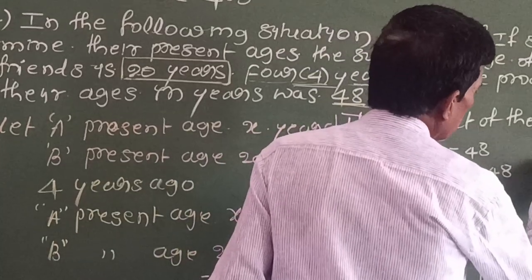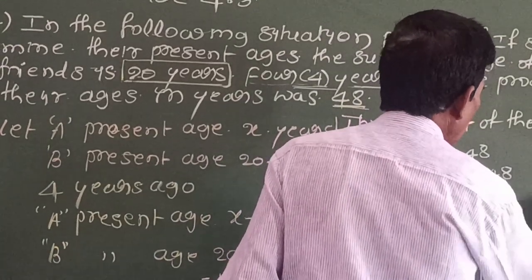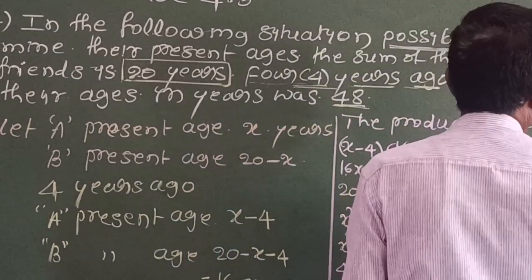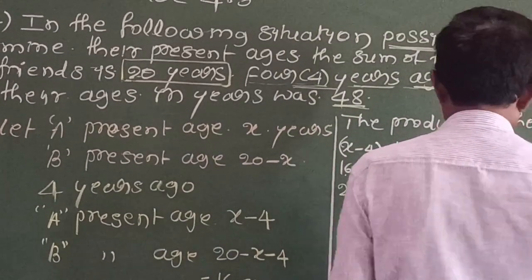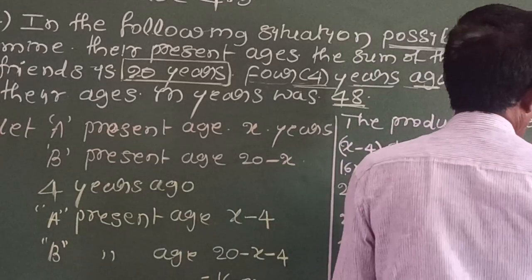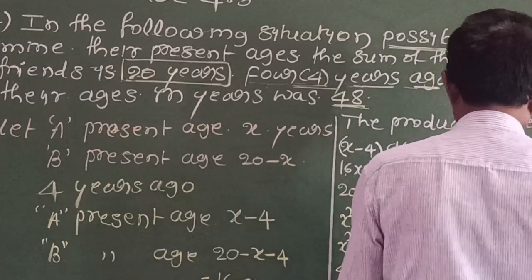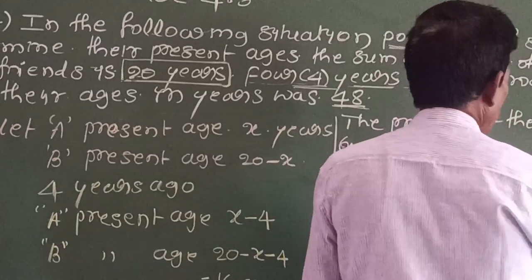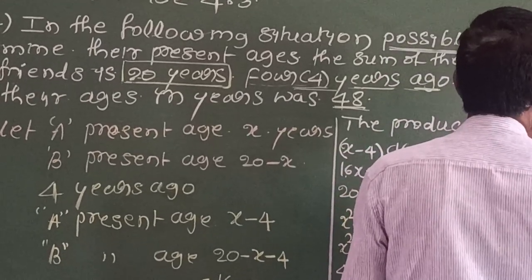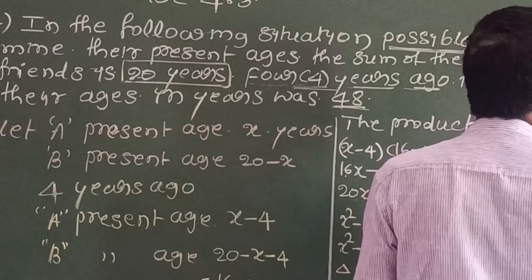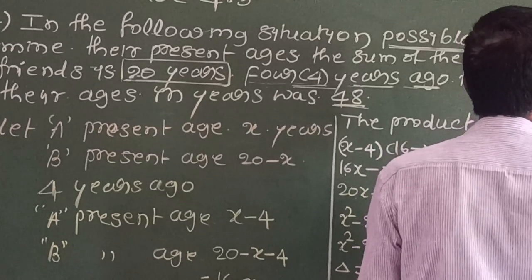Next, delta equal to 20 squared is 400, minus 4 ones are 4, 4 twos are 8, so minus 448. So delta equal to 400 minus 448, which is minus 48.